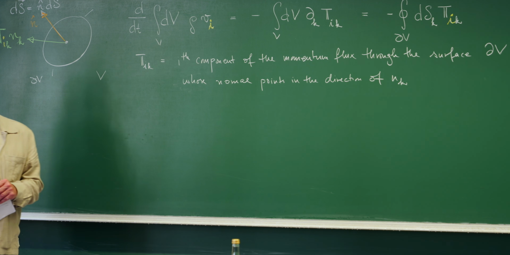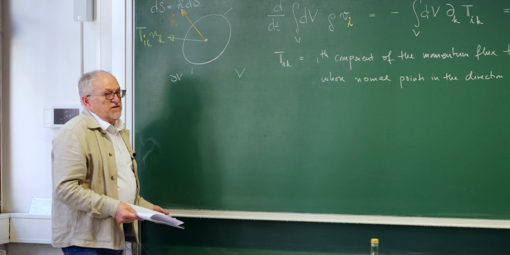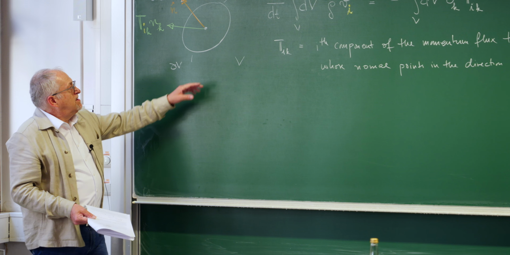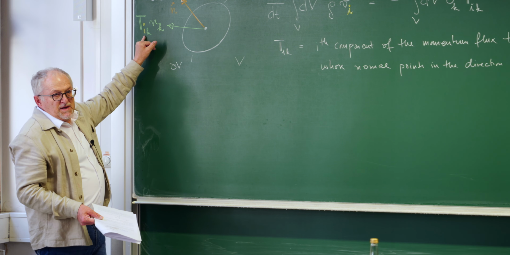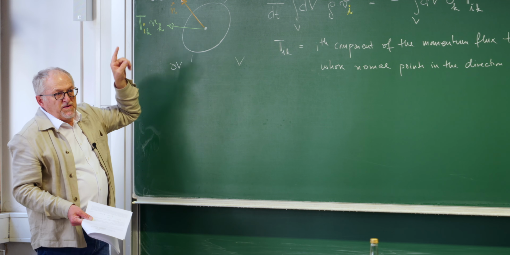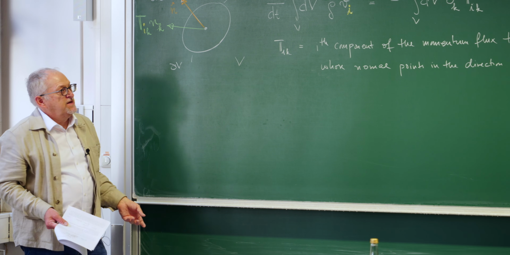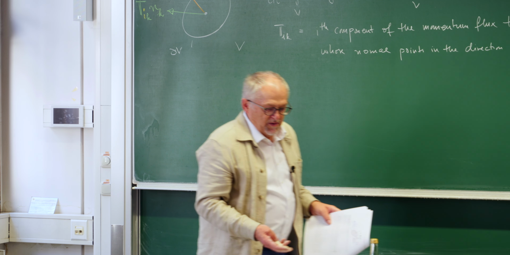So for example, if you choose this to be the 3-axis, where you want to look at the tensor, then Π_i3 is the ith component of the momentum flux through the surface which has the direction of the axis number 3 in your reference frame.